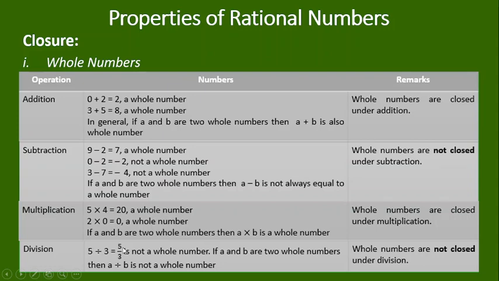You will get a rational number or you will get an integer. Okay, but a whole number is not always possible. So if A and B are two whole numbers, then A divided by B is not always a whole number. So whole numbers are not closed under division.